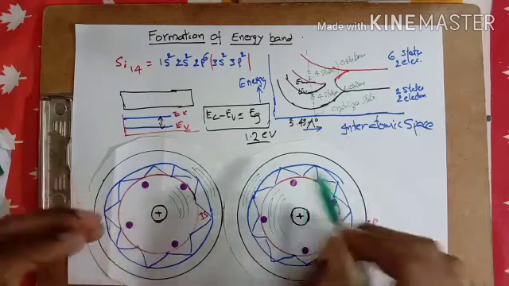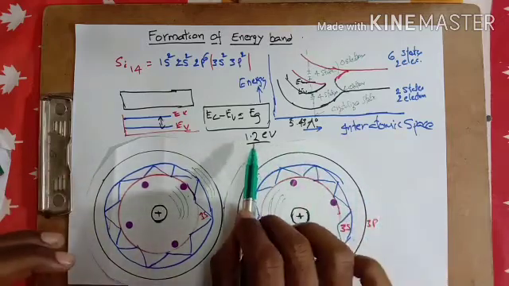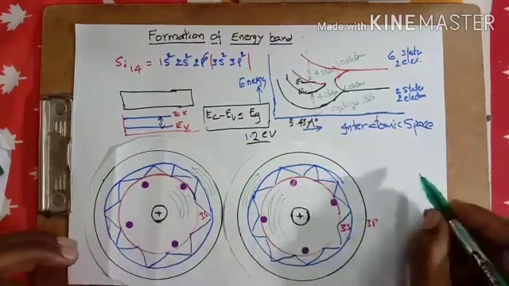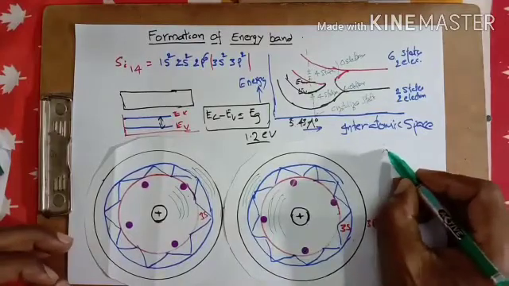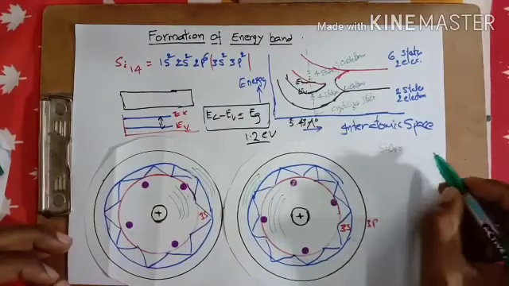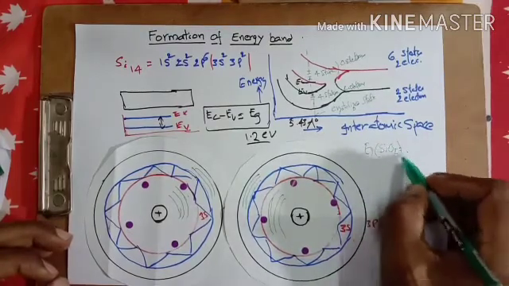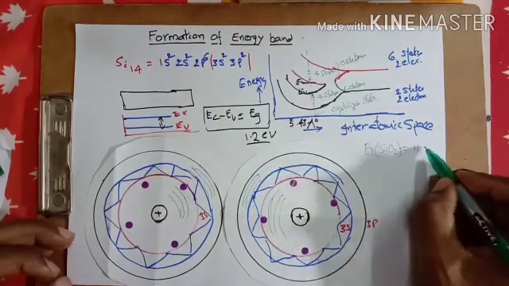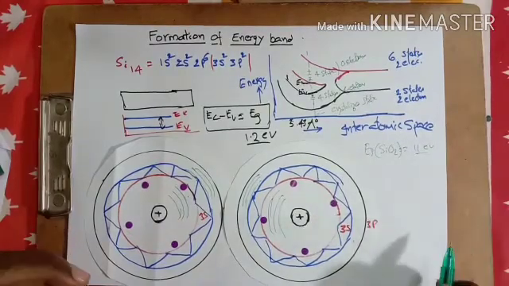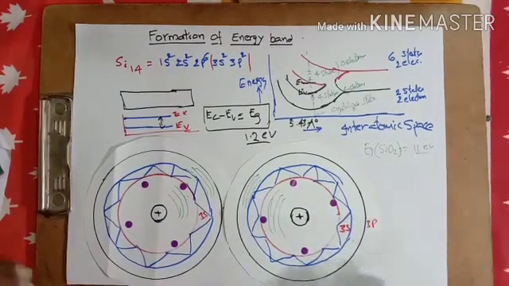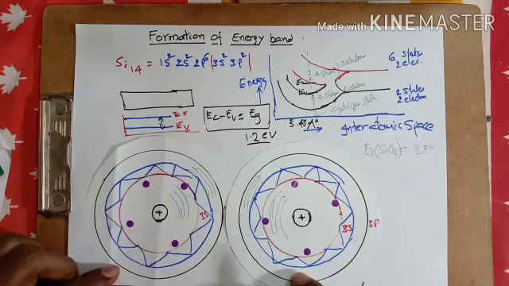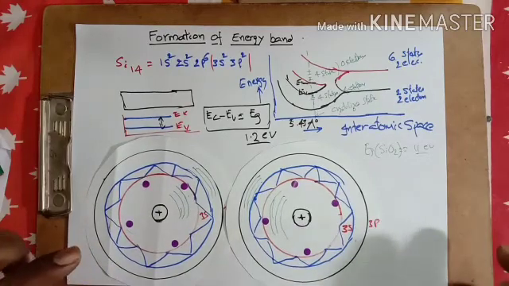For germanium it is 0.7 electron volts, for silicon it is 1.2 electron volts. For insulators, silicon dioxide is an insulator, and its energy gap is around 11 electron volts. So when it is 11 electron volts, then it acts as an insulator.